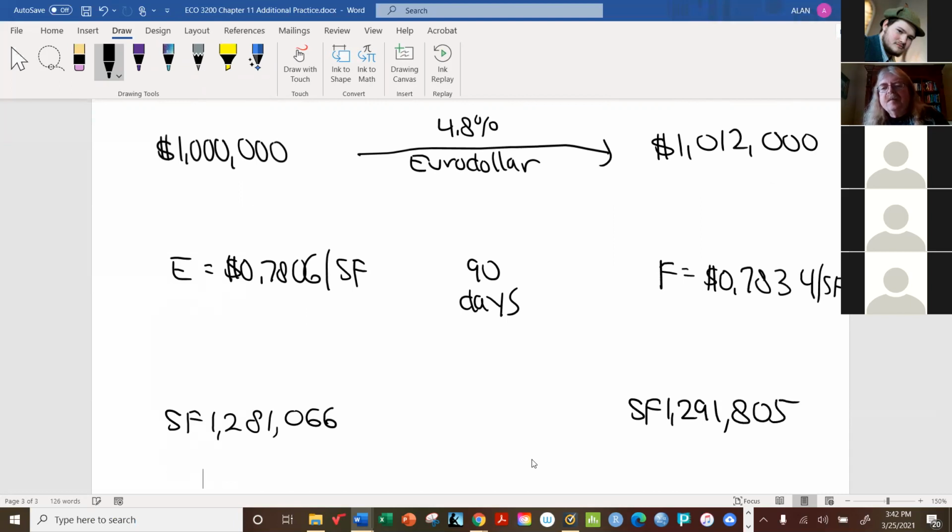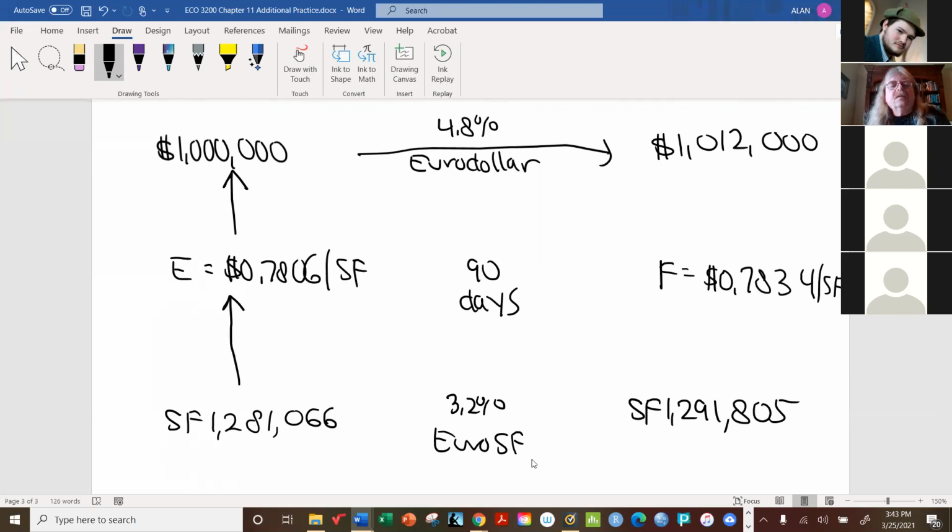So you notice I'm trying to be careful with the arrows, because I don't want to give away what you're supposed to do. But all right, I'll give it away. You're supposed to start with the Swiss francs. So let's see why. We start down here and we go up and we trade them for dollars. Now, all right, when we get to the end, I'll show you why we're doing this.